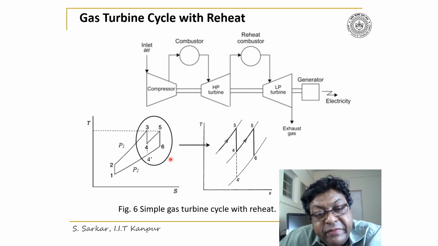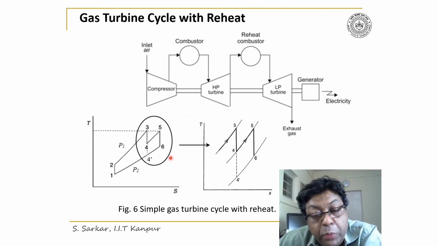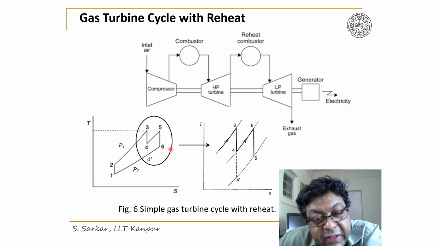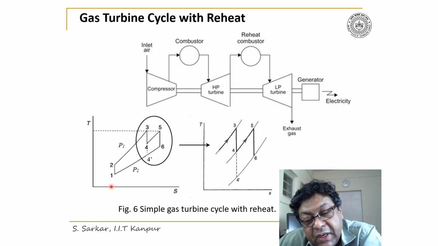And then 5-6 is expansion in the low pressure turbine. And 6-1 completes the cycle.